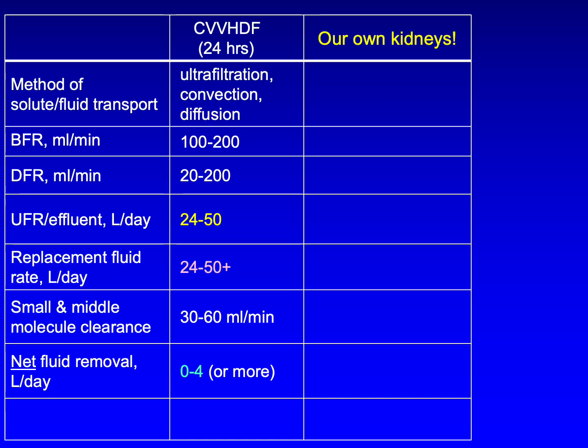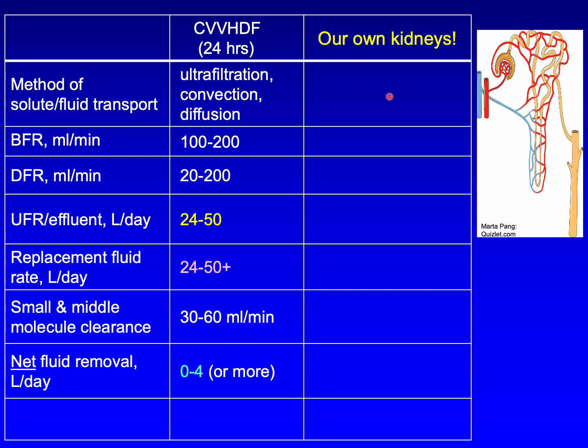And in the end, notice that none of these RRT methods, including the best that we have, CVVH-DF, is anywhere near as amazing as our own kidneys, which possess the ability to not only ultrafilter, but also to secrete and reabsorb substances, something that no machine can do.